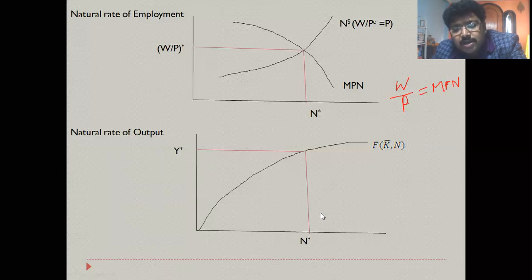So as they are getting the higher nominal wages, they will supply more labor. So labor supply will increase and labor demand will increase. As a result of these, employment will increase and output will increase.